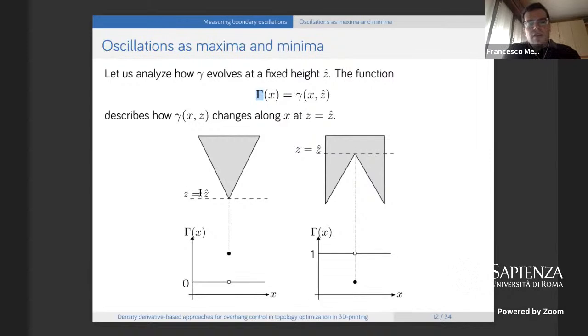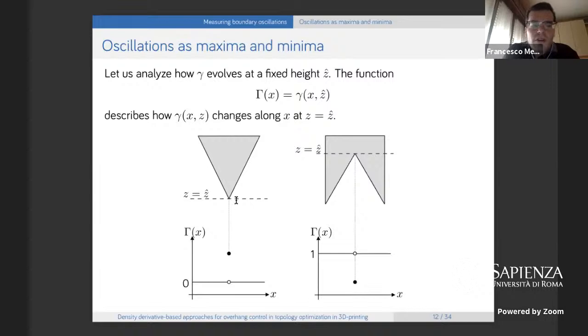If z hat, this height, passes from the tip of an oscillating boundary, well, what happens is that at the tip, the density is 1. We have material because the oscillation is present.